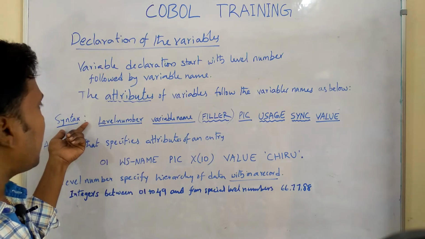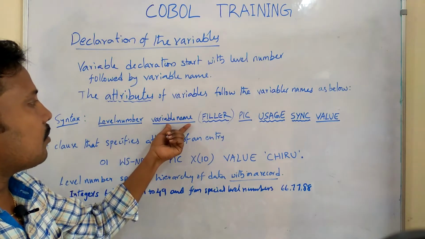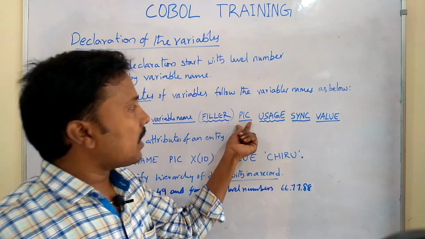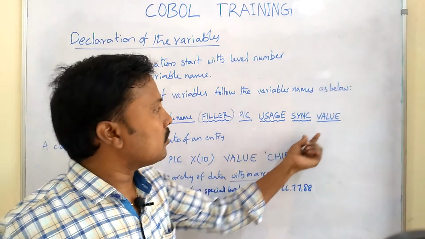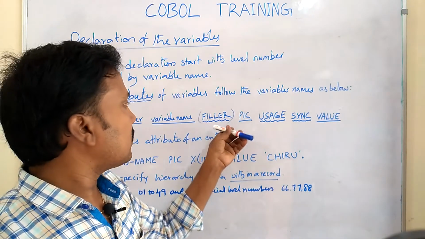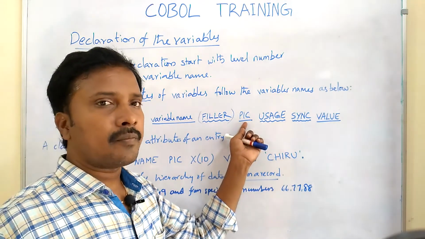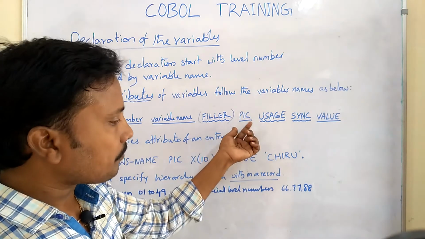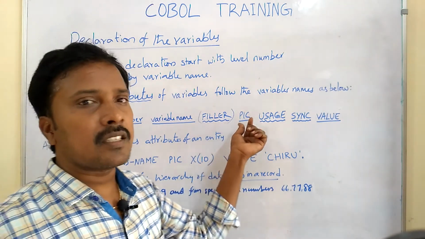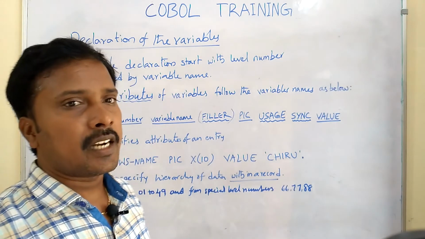In the variable declaration syntax, you see level number and variable name, picture clause, usage, sync, value. The picture clause is mandatory in some cases, and in some cases it's not mandatory.